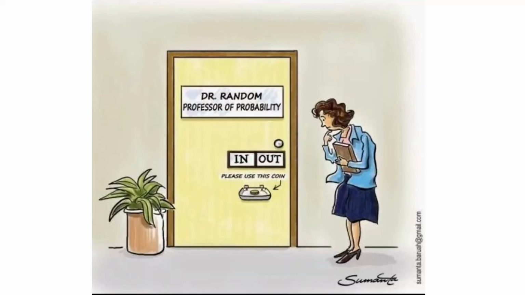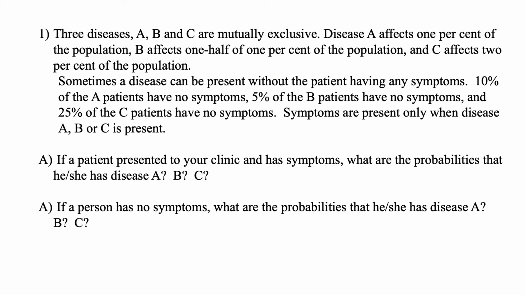Let us end up with a clinical or practical example to practice the probability. Three diseases A, B, and C are mutually exclusive. Disease A affects 1% of the population, disease B affects 1/2 of 1% of the population, and disease C affects 2% of the population.